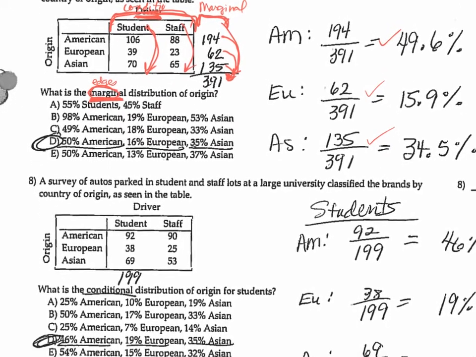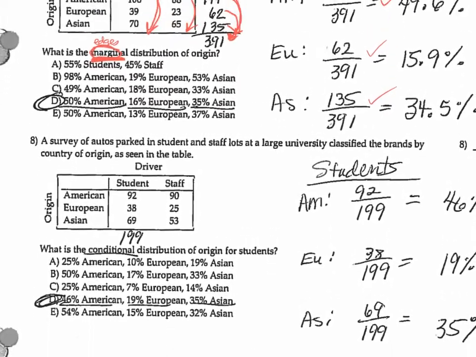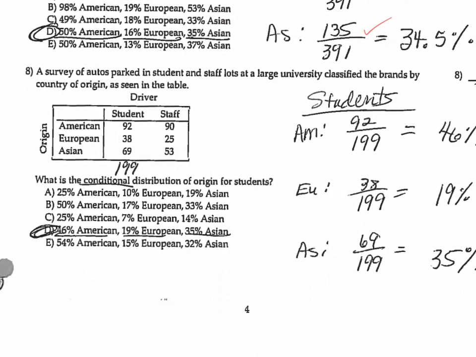All right, number 8. Number 8 says, what are the conditional? So we have the same data. It does want conditional. Remember, this is the conditional section, and out in the margins is the marginal. It wants conditional for students. So it wants this section here.